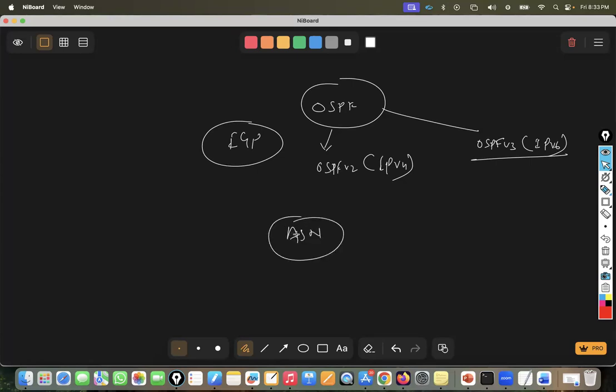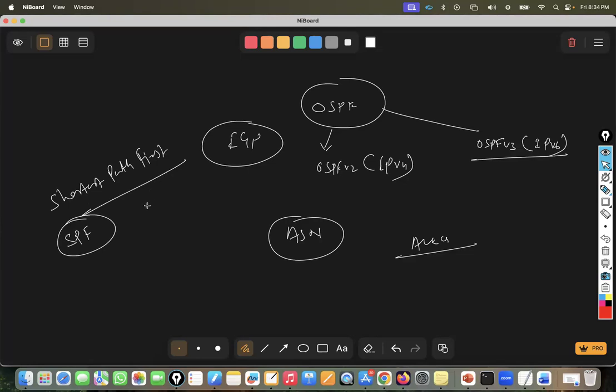It uses the concept of areas instead of the AS number. It uses the algorithm known as SPF, shortest path first, which is known as the Dijkstra algorithm. This is known as the shortest path first algorithm.